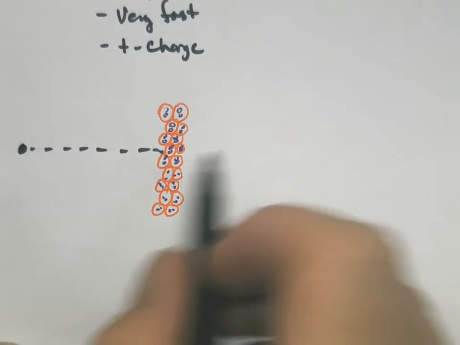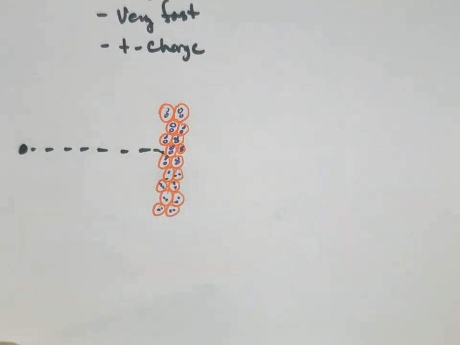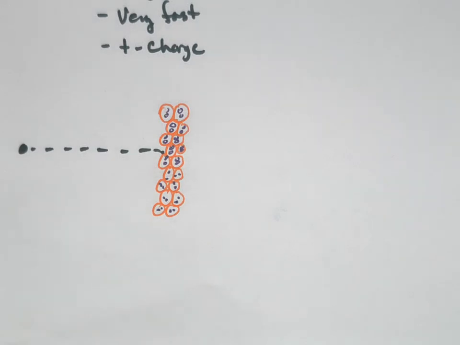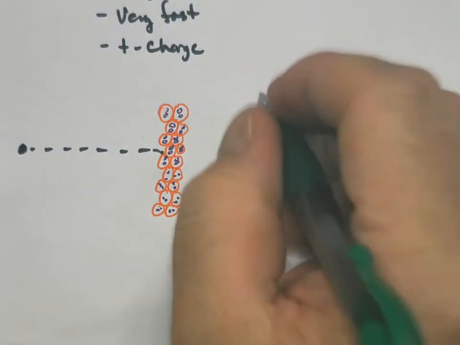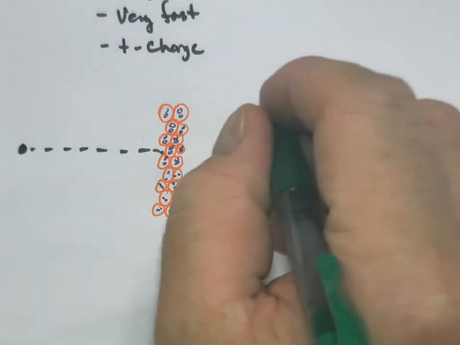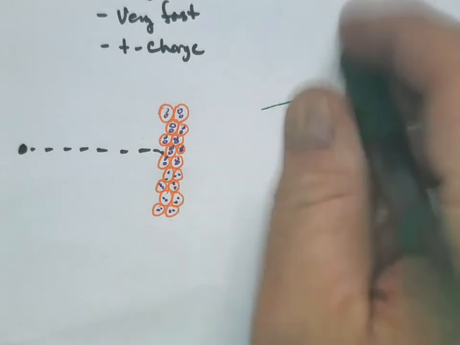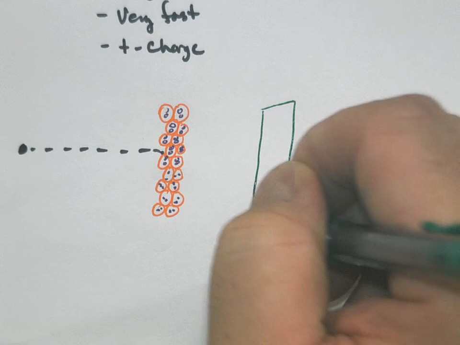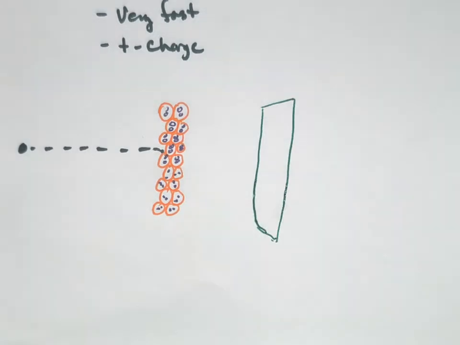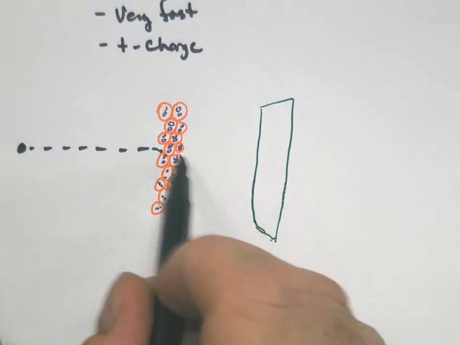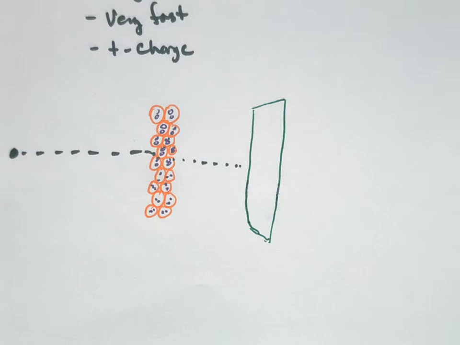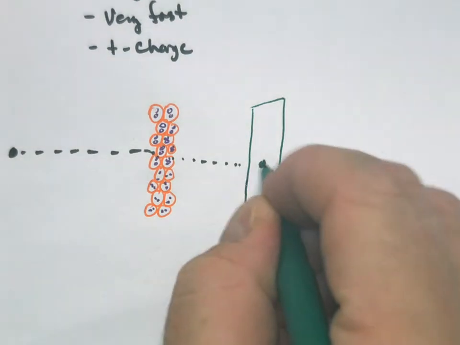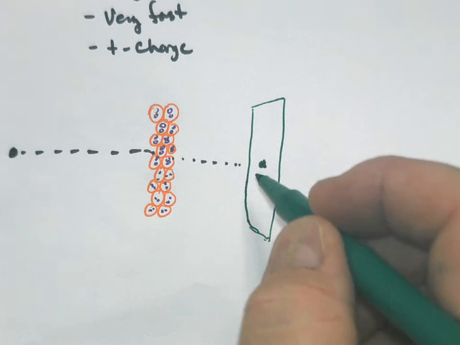So he would shoot a beam of alpha particles at it, and behind it he would put a phosphorescent screen. These alpha particles, in general, would shoot right through and make a pretty steady dot on this phosphorescent screen.